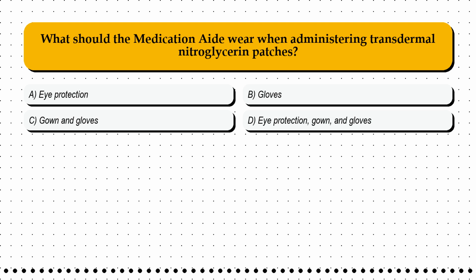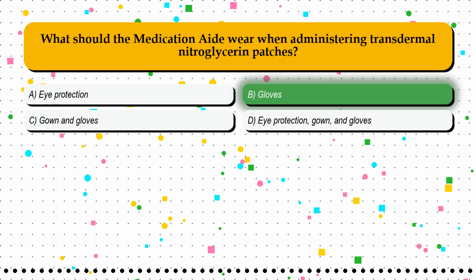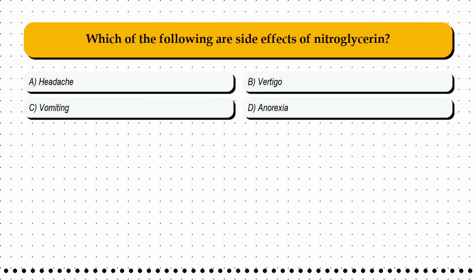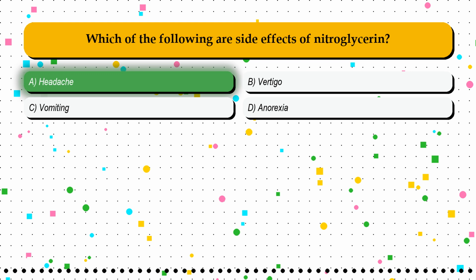Option C, gown and gloves. Option D, eye protection, gown, and gloves. The correct answer is option B, gloves. Question 258. Which of the following are side effects of nitroglycerin? Option A, headache. Option B, vertigo. Option C, vomiting. Option D, anorexia. The correct answer is option A, headache.